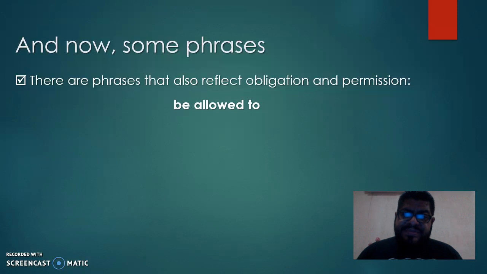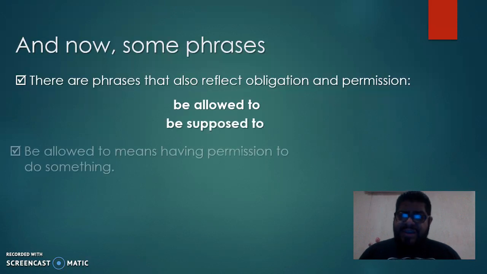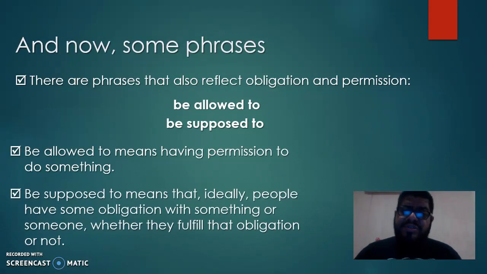Besides the modal verbs that show obligation, prohibition, and permission, we also have some phrases. For example, there are phrases that also reflect obligation and permission, like be allowed to and be supposed to. Be allowed to means having permission to do something.